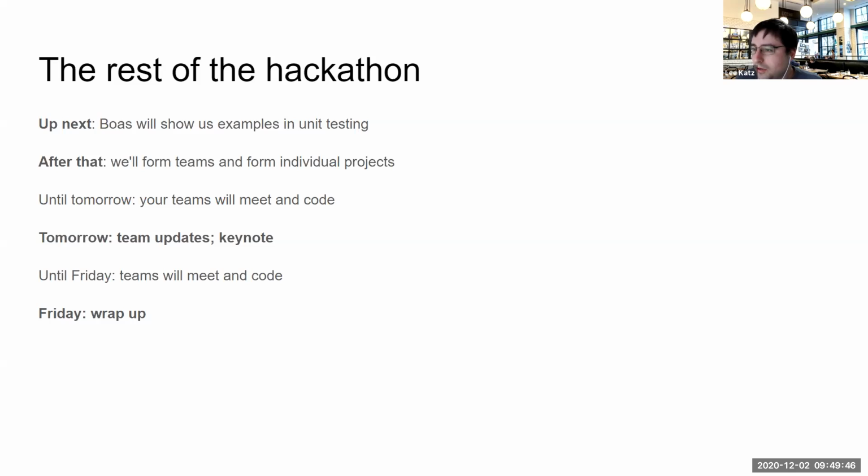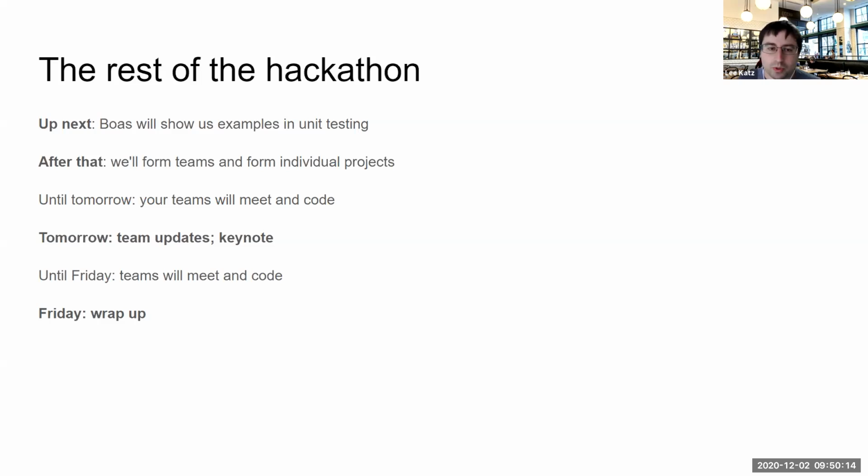So if it's all right, I'm going to lead us over to the next part of the hackathon. Up next is Boas showing us examples in unit testing, extremely valuable. After that, we're going to go over to Discord and form teams, form individual projects. So hopefully those introductions helped everybody understand who they might want to talk with after this. And then between now and then is going to be independent.